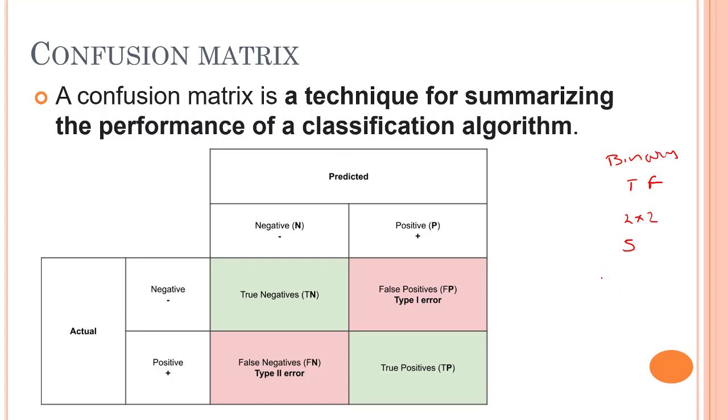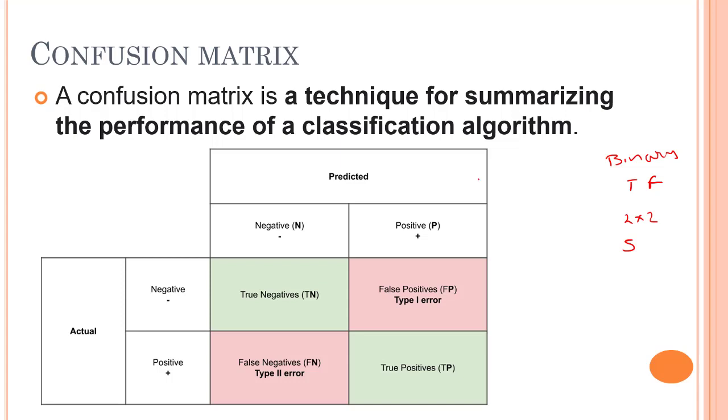A confusion matrix is an n by n matrix used for evaluating the performance of a classification model, where n is the number of target classes. The matrix compares the actual target values with those predicted by the machine learning model. This gives us a holistic view of how well our model is actually performing.